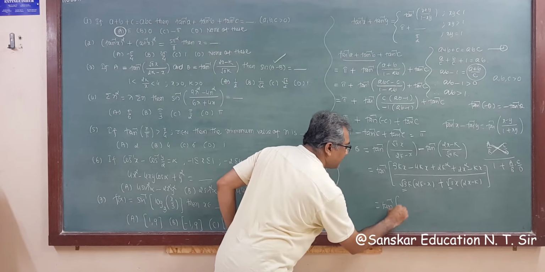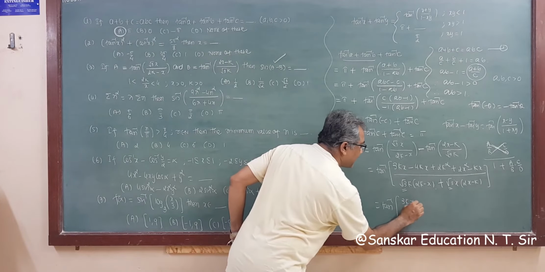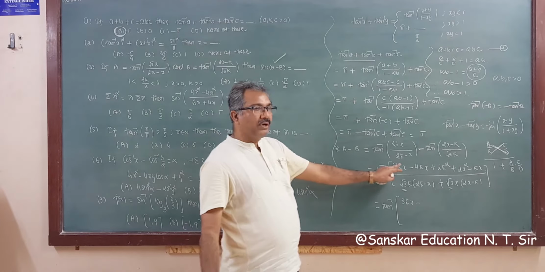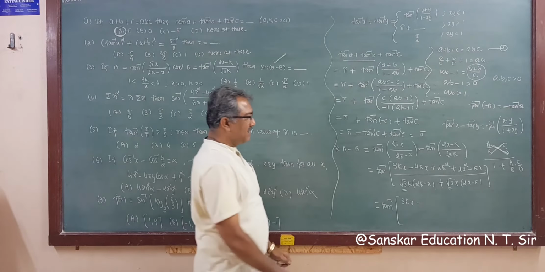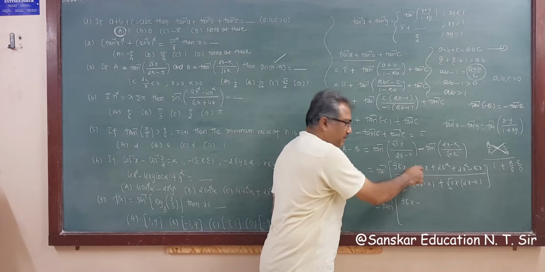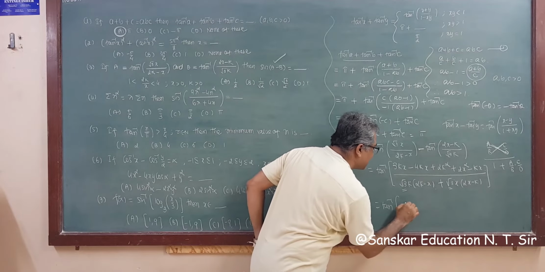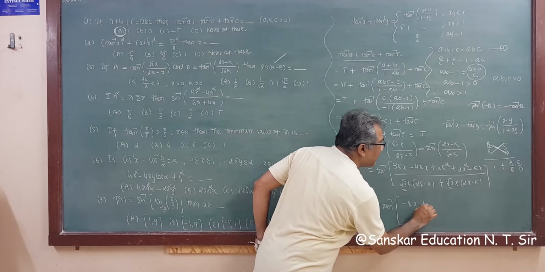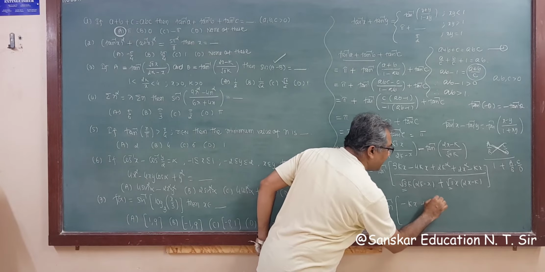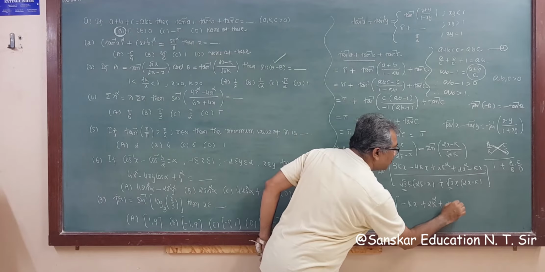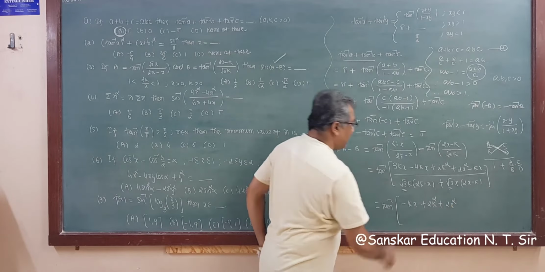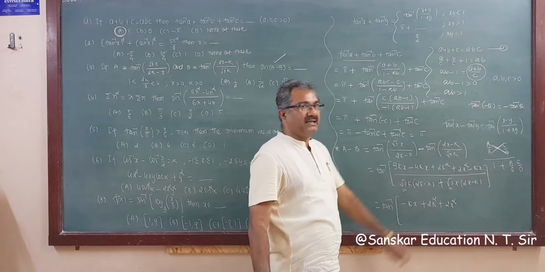So what is the answer? Tan inverse 3kx minus 4kx. That is 3 minus 4, minus kx. So I am writing minus kx plus 2k square plus 2x square, and minus kx.